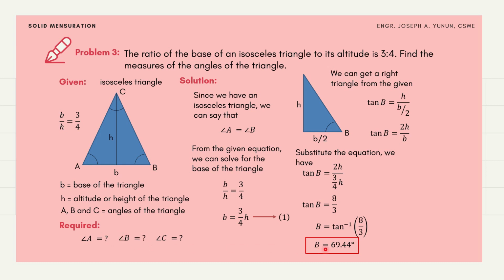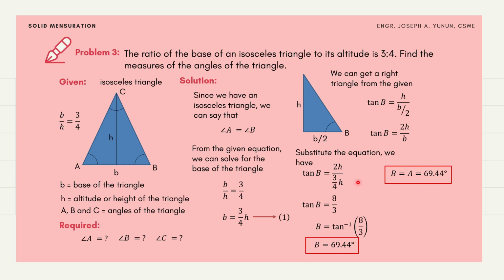Now, I have said earlier, since we have an isosceles triangle, the two base angles are congruent, which are angle A and angle B. So the value of angle A is 69.44 degrees.